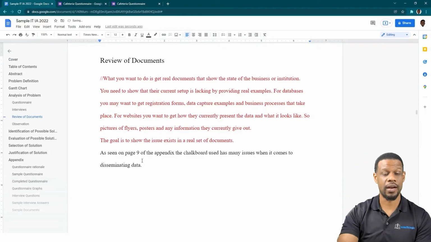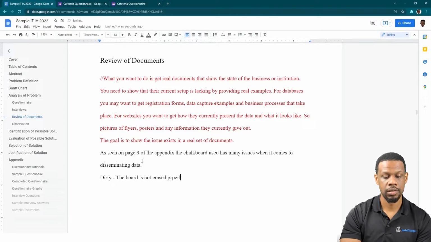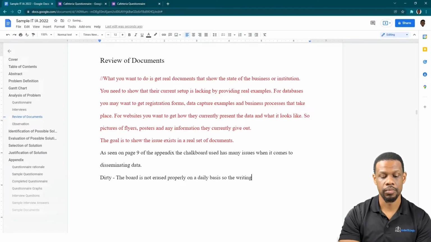And then you write a paragraph with all the issues. It could be that it's dirty. The board is not erased properly on a daily basis, so the writing from the day before is still visible, which makes reading the new information hard.